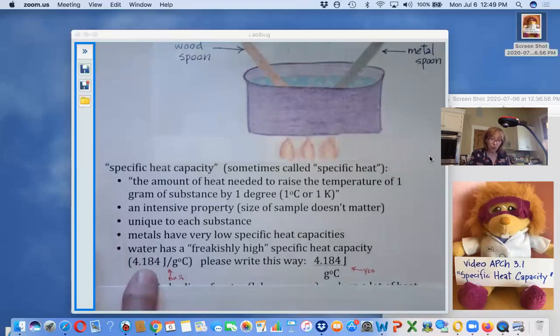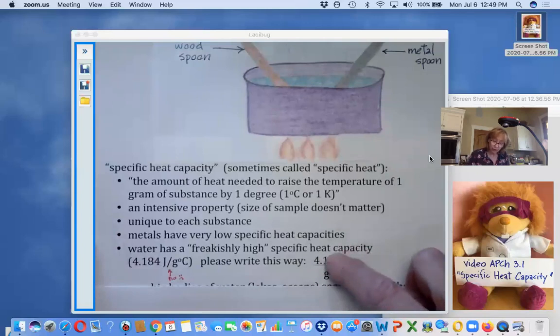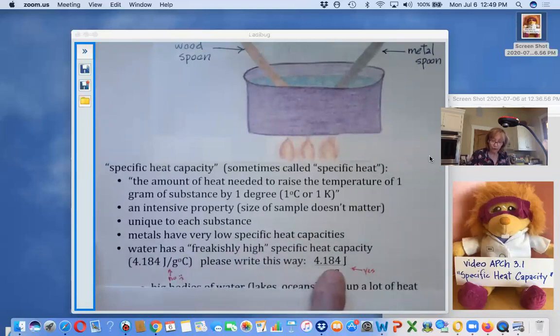The value for water's specific heat capacity is given here, 4.184 joules per gram degree, but I would like you to be in the habit of using that value with the unit written double-decker style, not with the slanty line, joules per gram degree, but instead joules over gram degree. You'll find if you write it this way in your calculations, that's way more helpful.